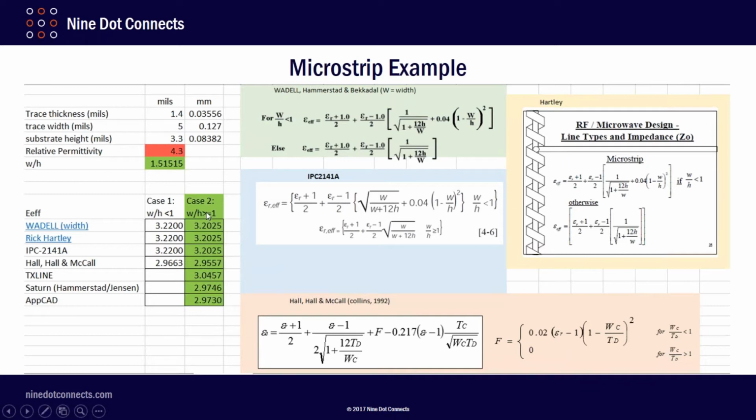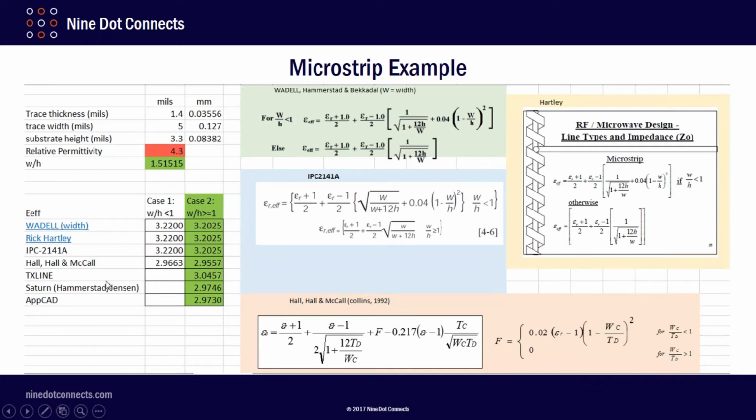Now keep in mind, the equations have two conditions. It's based on the ratio of the width to the height. So what I did in my spreadsheet here is I just put the conditional formatting, and since I'm in condition greater than 1, then this right-hand column is what's valid. So you can see that with Waddell's equation, Hartley's equation, the IPC standard, Hall and McCall, the variation that we get.